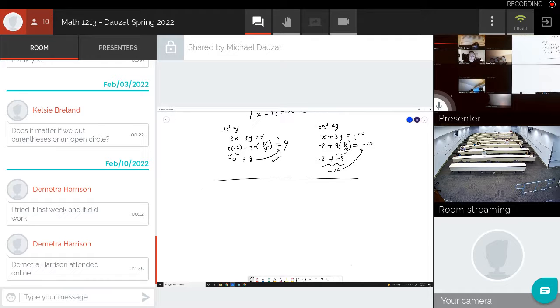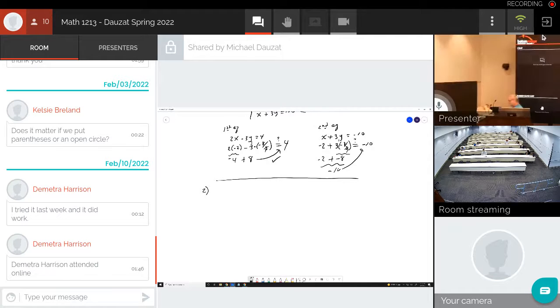So number 2. Let's suppose in number 2, I have these equations, 2x plus y equals negative 3, and negative 3x minus 2y equals 4. First of all, can I add those equations right now?